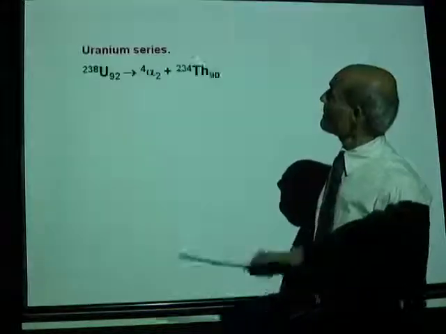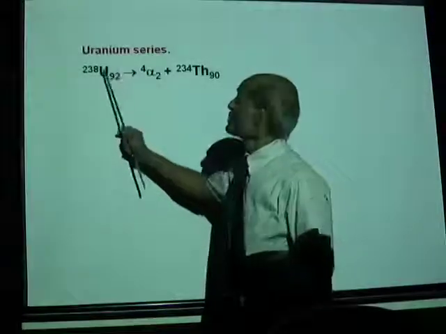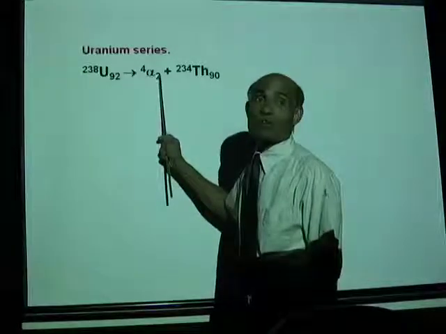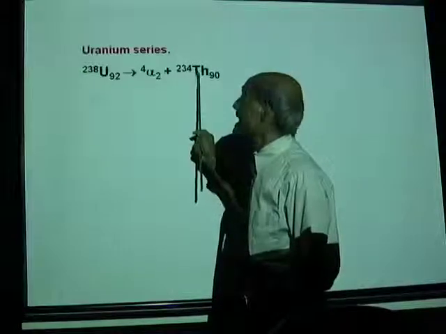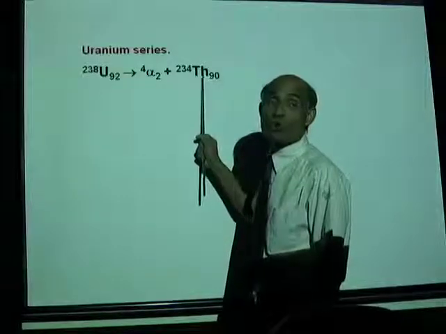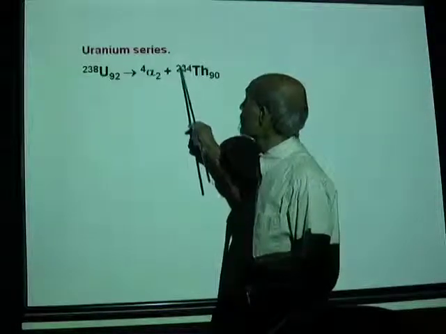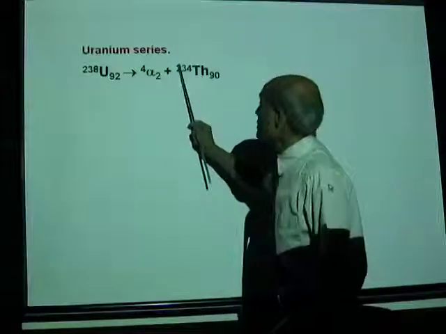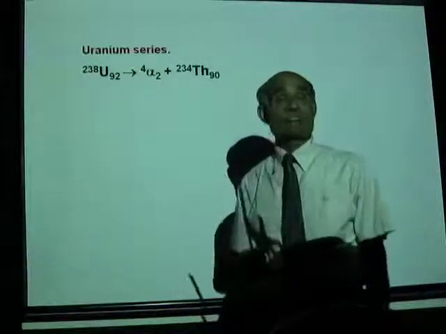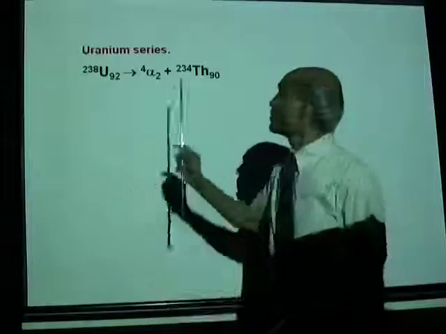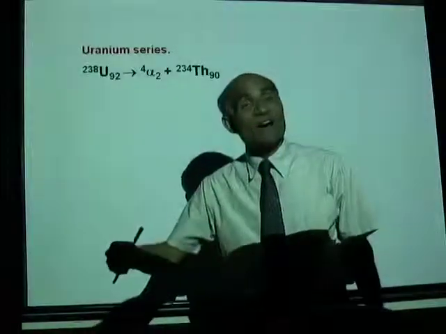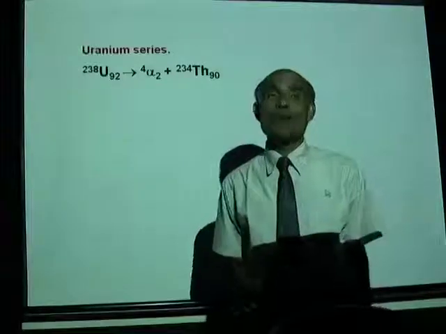Well, I have it here. Uranium-92-238 emits an alpha, leaving an isotope of thorium, and that isotope is thorium-234. Now, this again is alpha active. It is not stable. So this thorium-234 will emit an alpha, will become what?